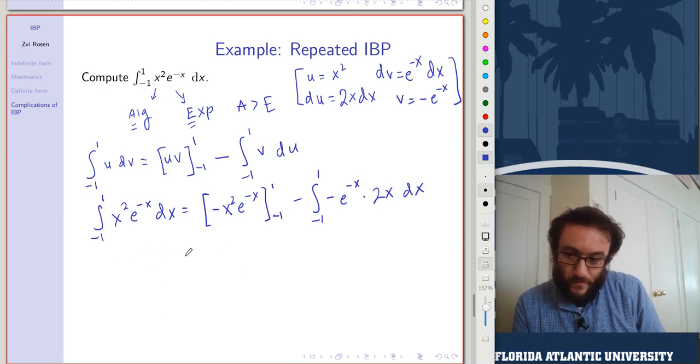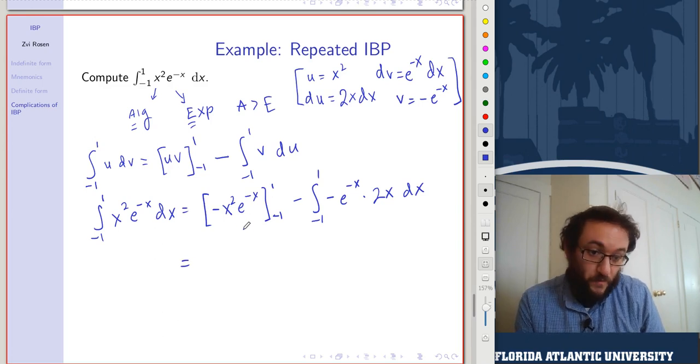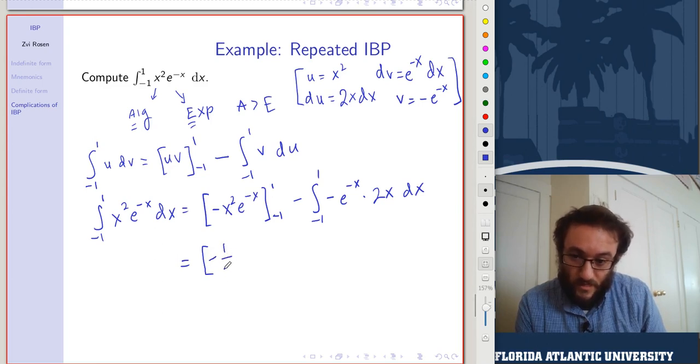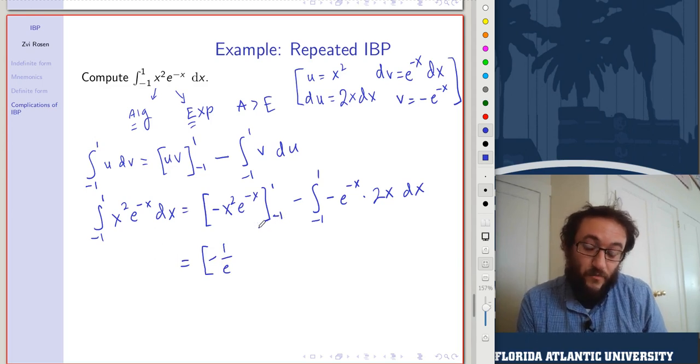So this first part we can plug in and just get the explicit value. When it's evaluated at 1, it's minus 1 times e to the minus 1. So minus 1 over e is another way of writing that. When it's evaluated at negative 1, we have minus the square of negative 1, which is 1, times e to the positive 1. So putting that all together, that's minus e.